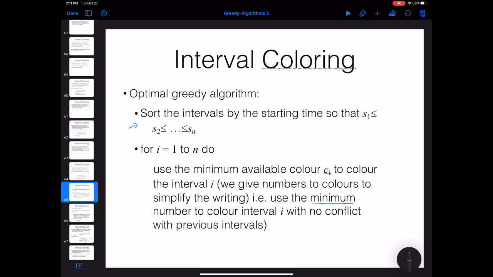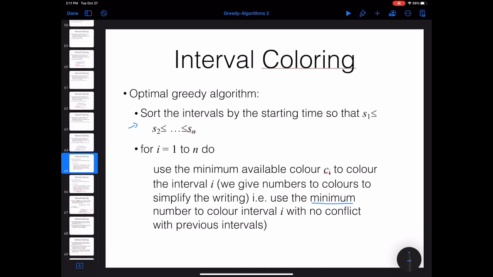In this way, if for example there is no conflict with color 1, assign color 1. If there is conflict with that, assign color 2. If there is conflict with 2, try to assign 3. Just try to find the next smallest color number and assign it to the job. This strategy, sorting based on a starting time, is going to give me the optimal answer.